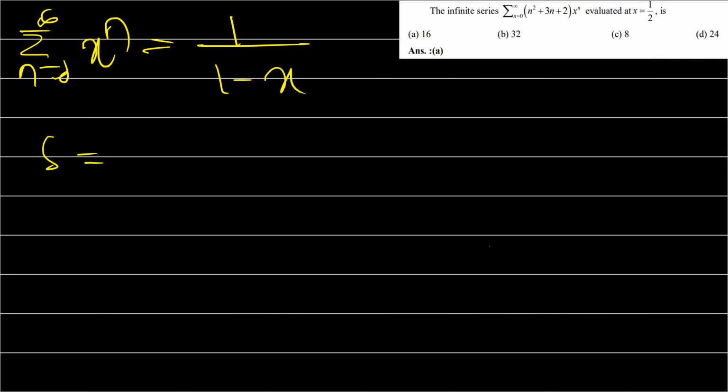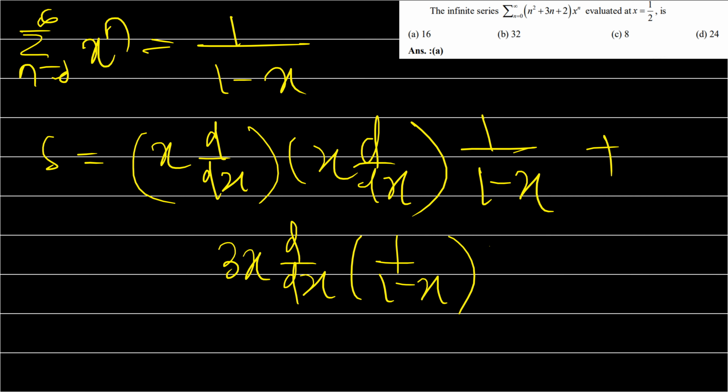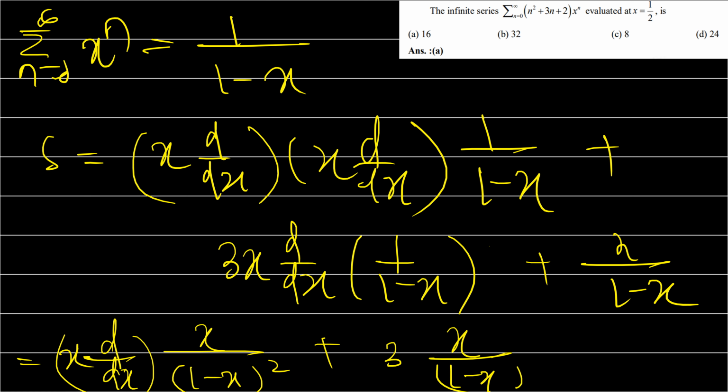Now s equal to x d/dx of 1 by 1 minus x plus 3x d/dx of 1 by 1 minus x plus 2. So by solving, we get x times 1 over (1 minus x) whole square, plus 3x over (1 minus x) whole square, plus 2 by 1 minus x.